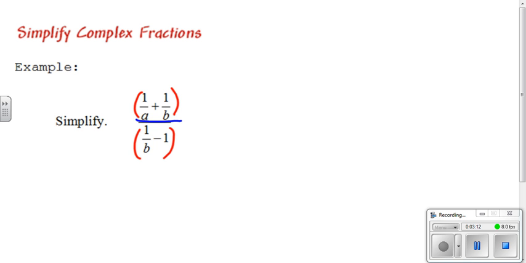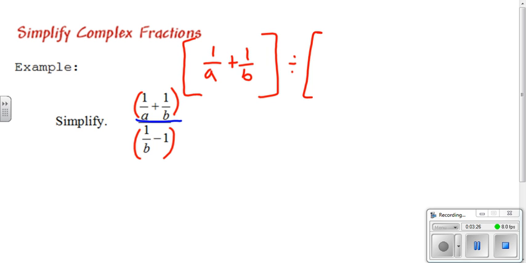So first thing we want to do is break it into a division problem. 1 over a plus 1 over b, all of that divided by 1 over b minus, we're going to call 1 over 1, just so we have all fractions to work with. Okay. From here, we're going to look at this piece first.